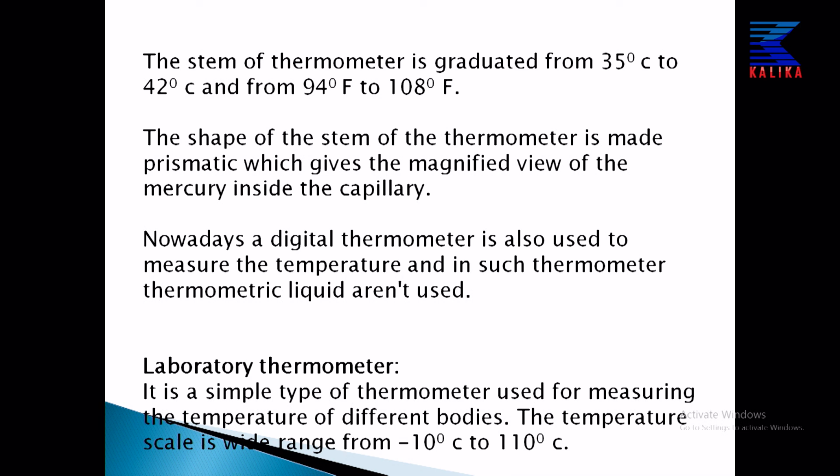It detects the heat on the basis of that, and some thermometers work on the basis of a thermistor. So, these are the digital thermometers in which thermometric liquid is not used. It is better to use because it shows the correct reading, and the breakage of that thermometer will not cause any mercury pollution.